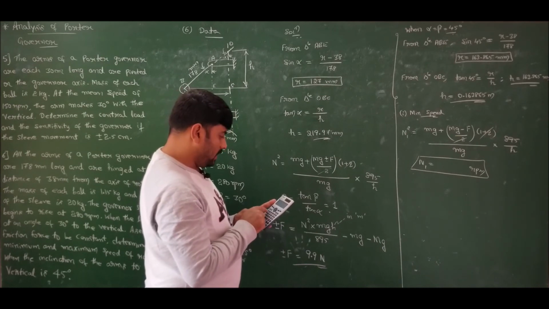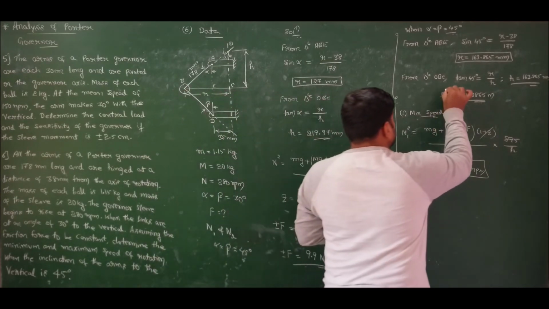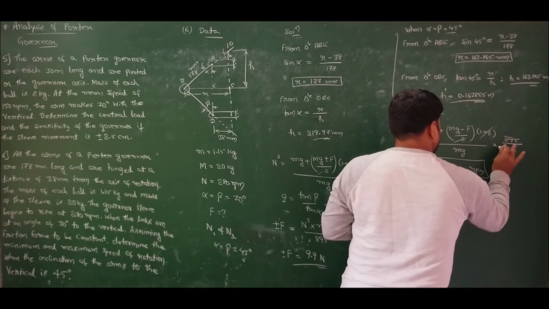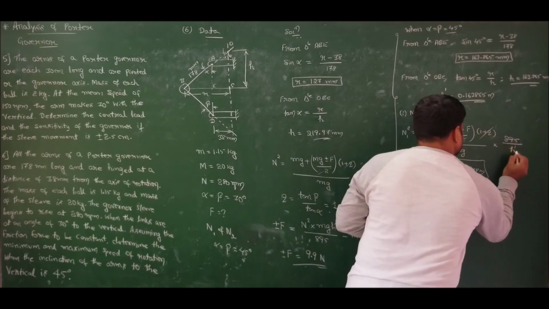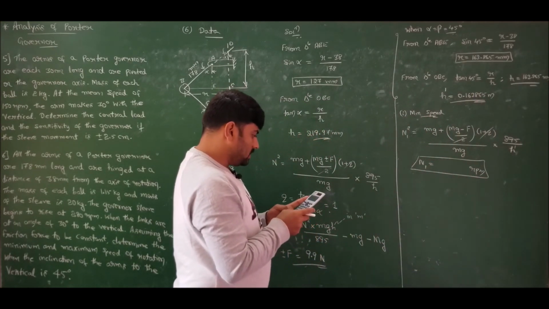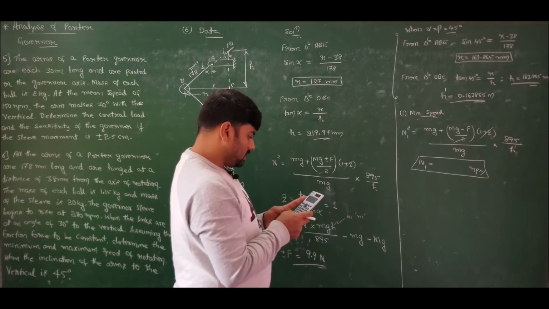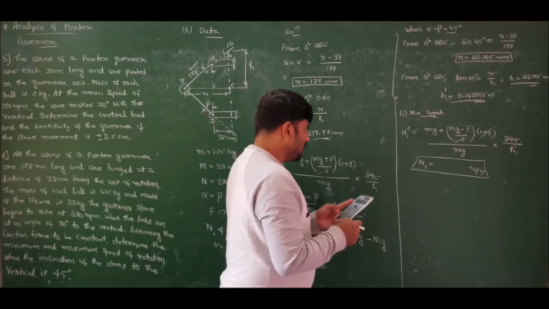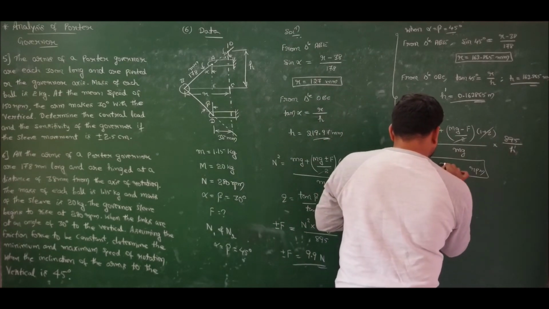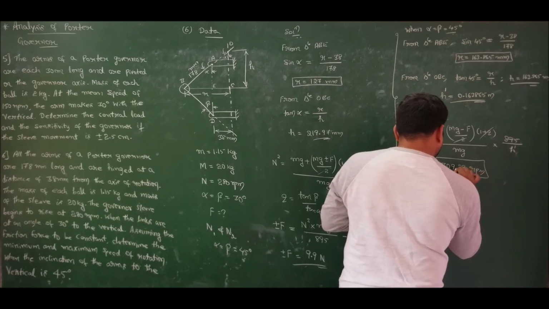Whole of this should be multiplied by 895 by H. To avoid confusion, let us call this H dash, which is 0.163865. I got N1 square. Root of this will give us N1. N1 is turning out to be 309.28 rpm.